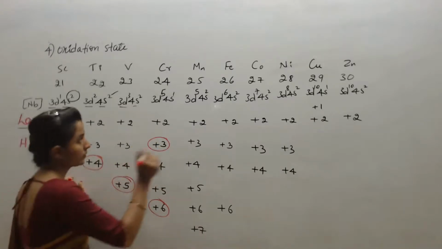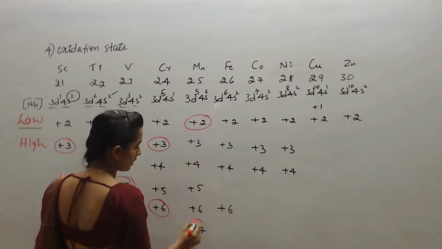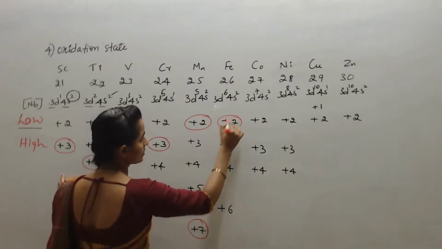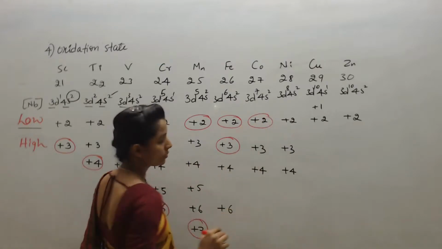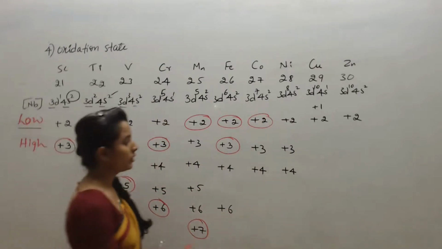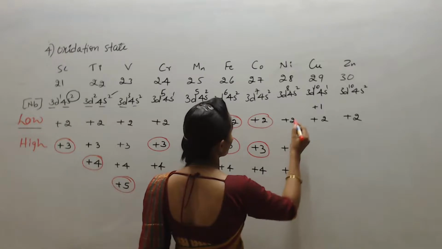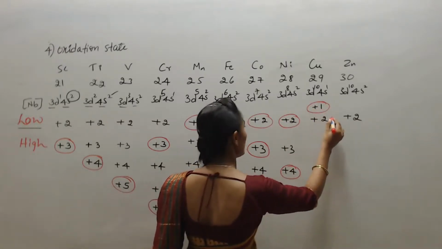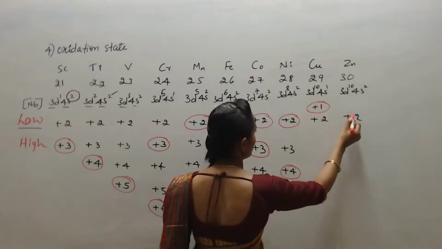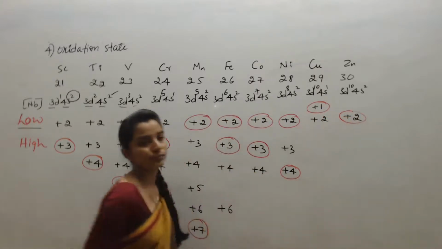Okay, next this is plus 2, plus 7, plus 2, plus 3. This cobalt is plus 2, sorry, cobalt is plus 1, okay, plus 3. This one is plus 1, plus 4. This is plus 1 and plus 2, especially plus 1. And this is of course plus 2.